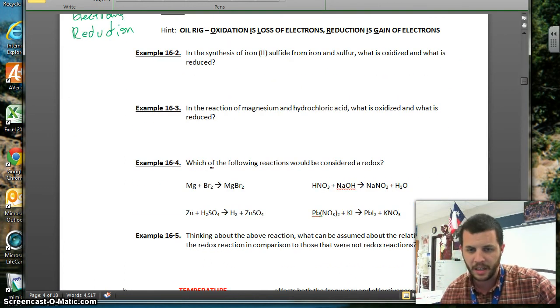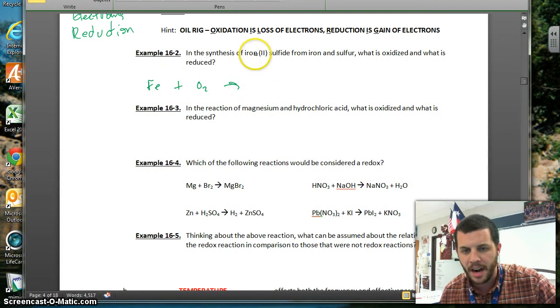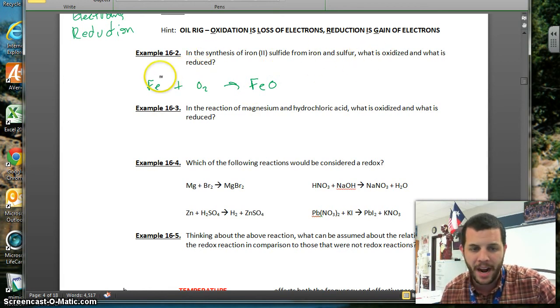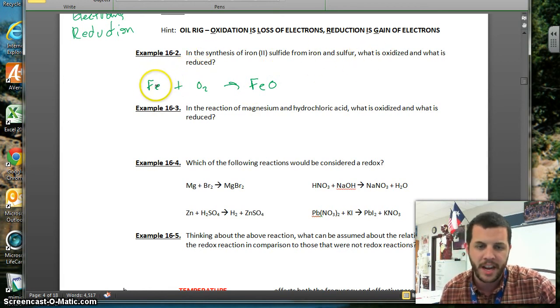It says, in the synthesis of iron(II) oxide from iron and oxygen, what is oxidized and what is reduced? Well, let's do the problem. Fe plus O2 yields iron(II) oxide, which is just FeO. Remember, when you have elements that are by themselves, not part of a compound, they're going to have an oxidation number of 0.